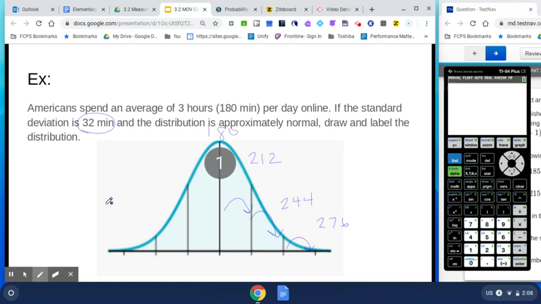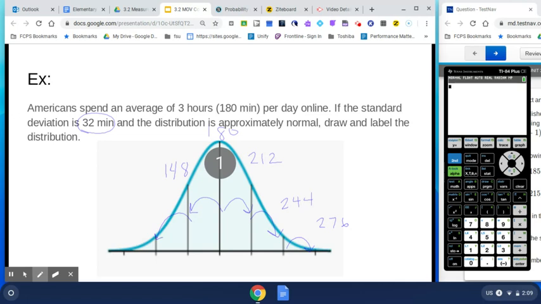Okay, now we need to do the same thing below the mean. So now I'm going to be subtracting standard deviations from the mean. So if we subtract one standard deviation, subtract off 32 minutes from 180, I would get 148 minutes. Again, I'm going to subtract another standard deviation off.